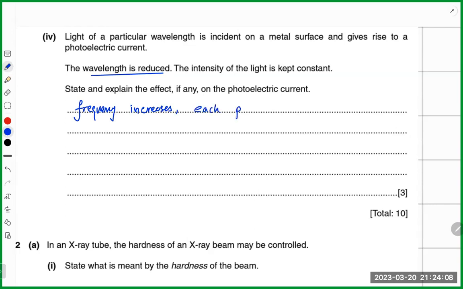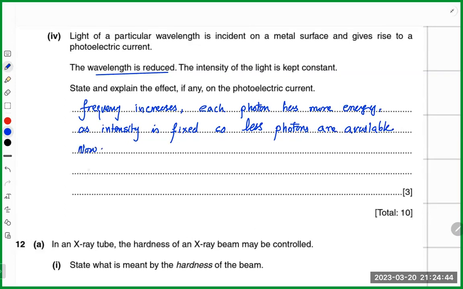Each photon has more energy as intensity is fixed. So fewer photons are available.